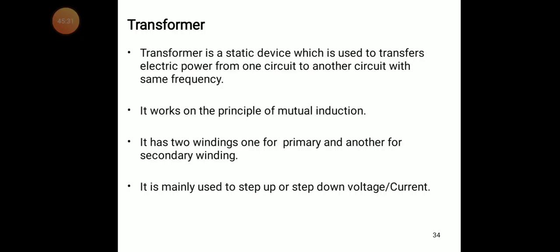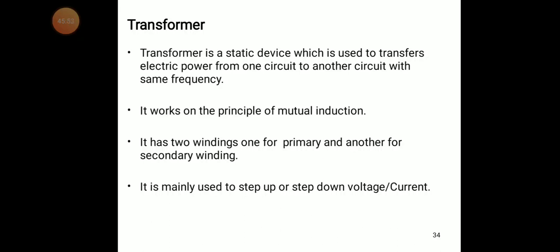This is also very important. It works on the principle of mutual inductance. That is the beauty of mutual inductance. It has two windings, one primary winding and another secondary winding.